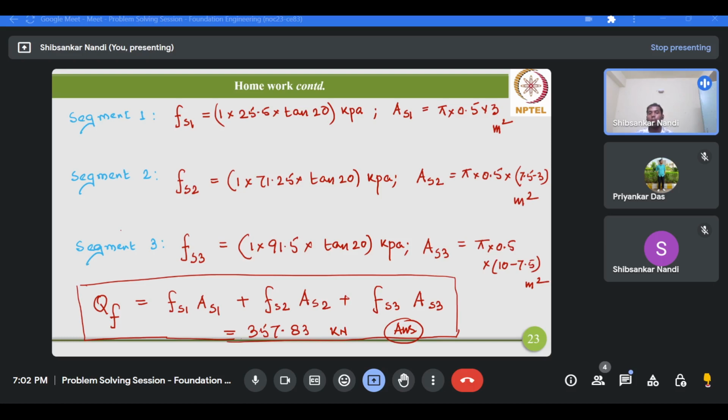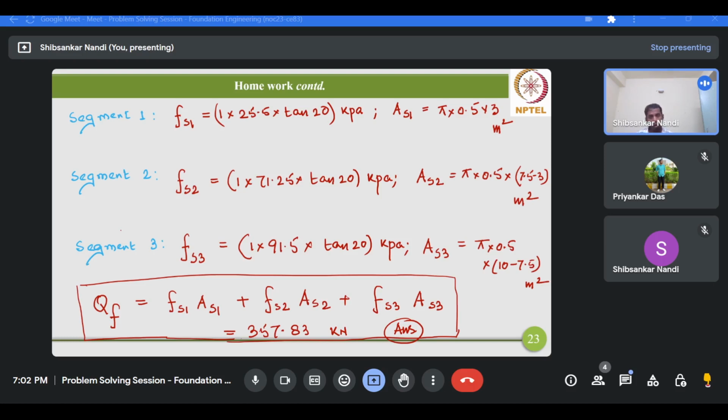Now in problem 5, two tables are given to us. In table 1, a few soil types are given, and in table 2 some conditions are given. So we have to match the entities of table 1 with entities of table 2 appropriately.